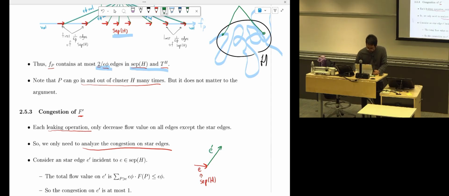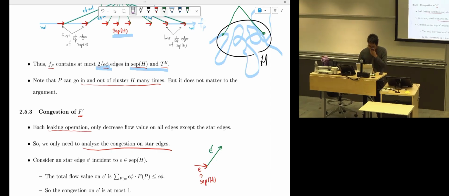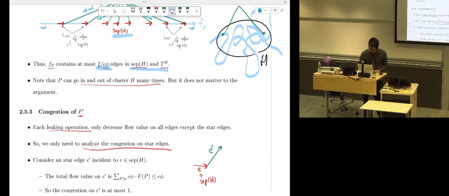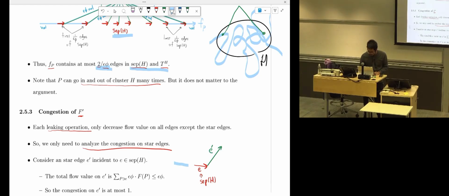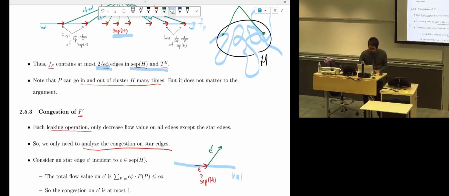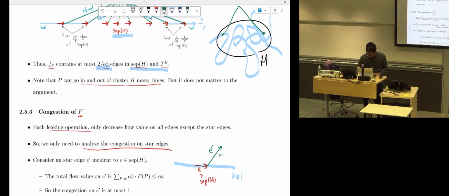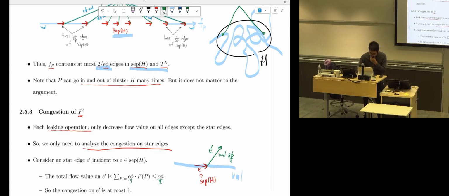I just need to count the total flow that goes through E prime. When there is a flow of value val, I use val times epsilon phi here. Actually, over L too. Yeah, I forgot that.